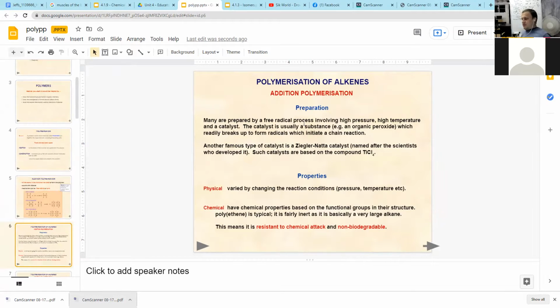These just provide the energy in which the reaction occurs. So addition polymerization is prepared with high temperature, high pressure, or with the Ziegler-Natta catalyst. This reduces the extent of the branching.